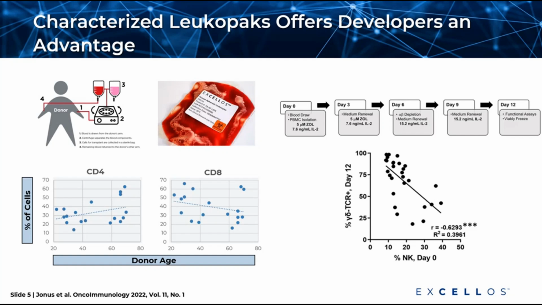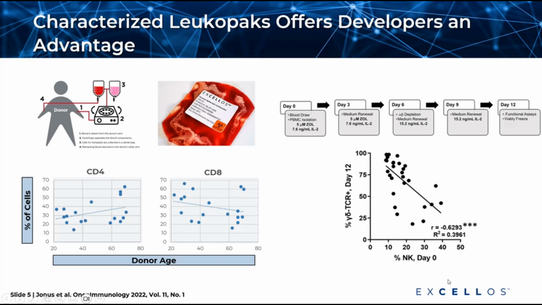But the reason I wanted to show this here today is really to highlight this phenomenon where this individual study observed a range from 10% to 40% of natural killer cells across the different leukopaks that they were starting with on day 0, but they found a negative correlation with the percentage increase of gamma delta T cells on day 12.